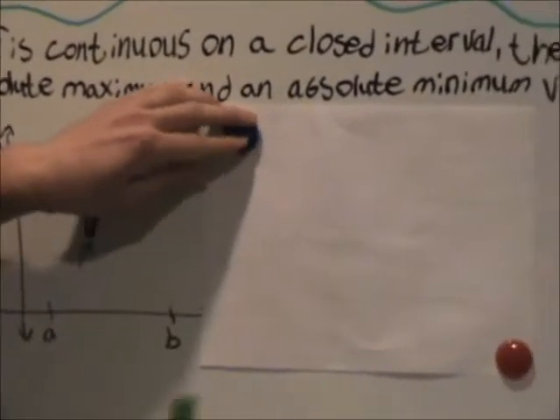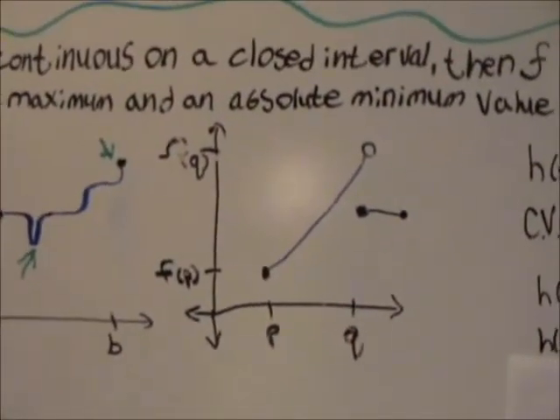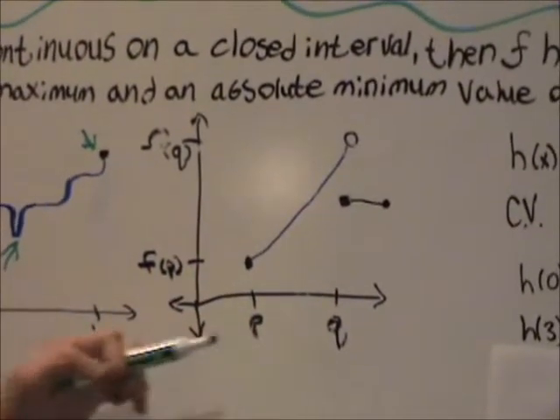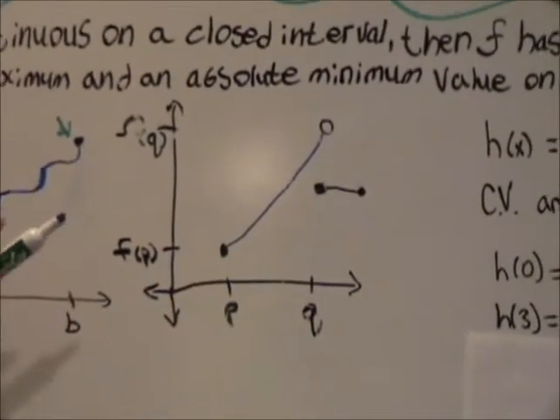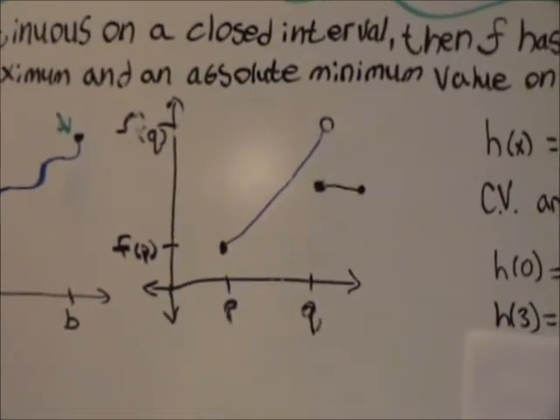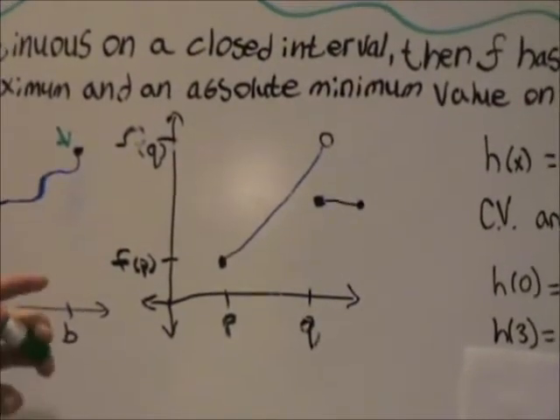Now on to the second graph that I have here. We have a discontinuous function. It's discontinuous at q. Now we cannot guarantee that there is an absolute maximum and an absolute minimum because the theorem states that it has to be continuous and on a closed interval.